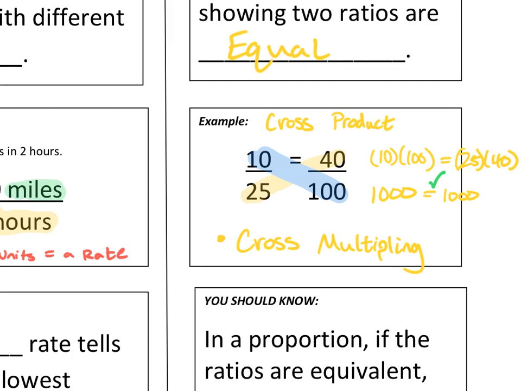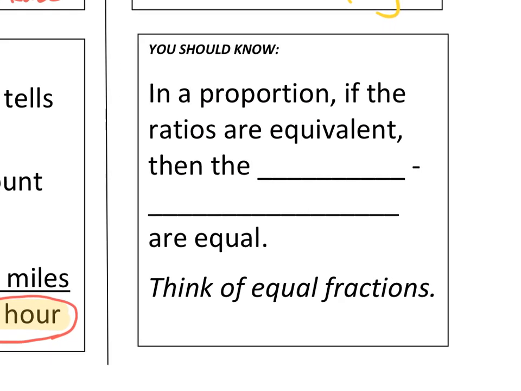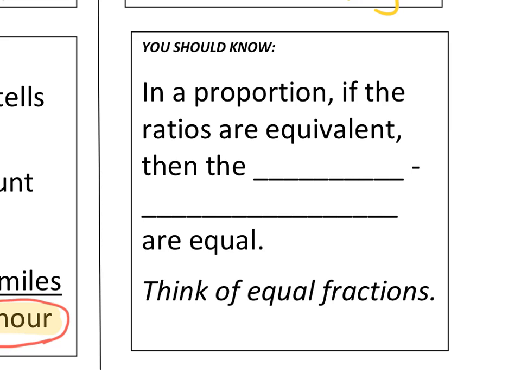Any questions on that? Feeling okay? The last thing you need to know about proportions is that in a proportion, if the ratios are equivalent, then the cross products are equal.